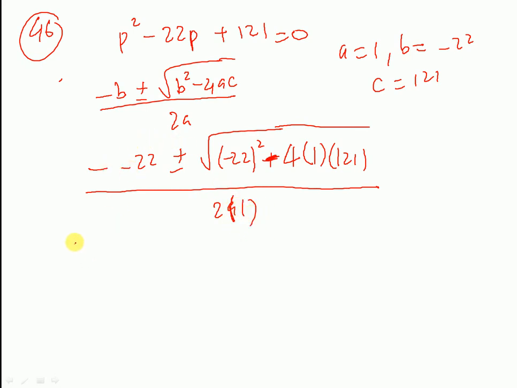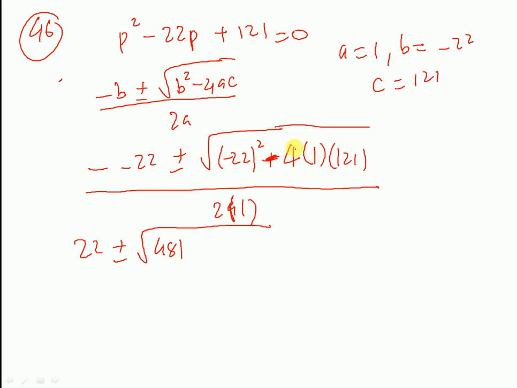Minus and minus is 22, plus and minus. There are two solutions, so we have plus and minus. Minus 22 squared, that is... 4ac.